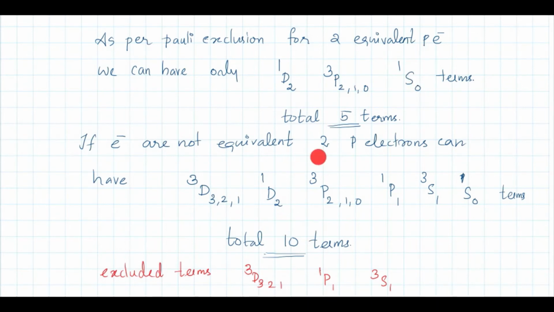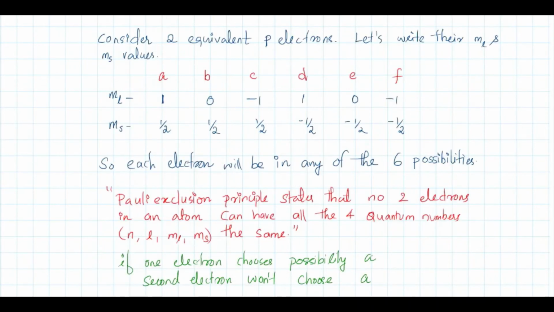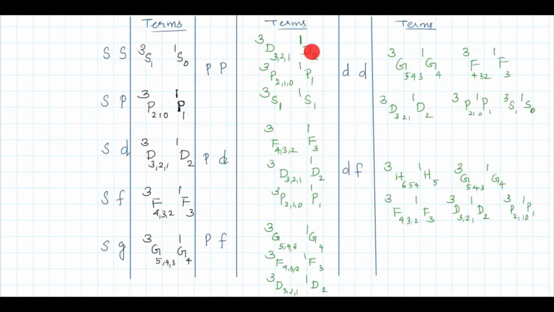If they are non-equivalent p electrons, how many possibilities do we have?